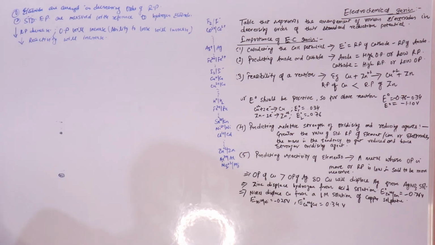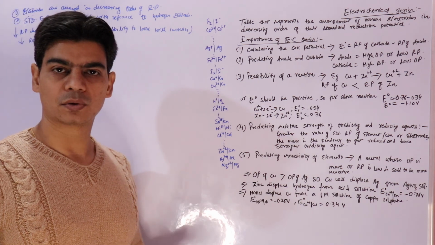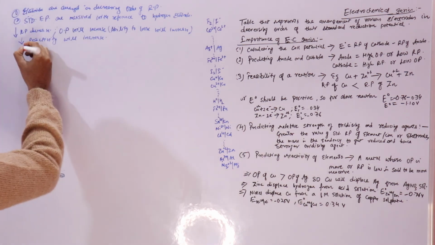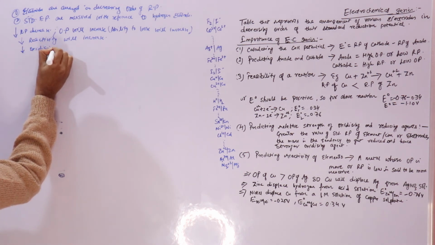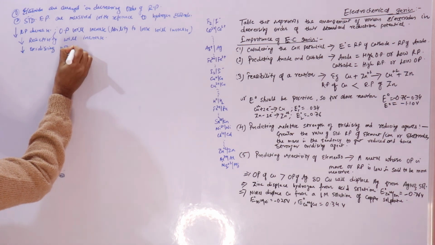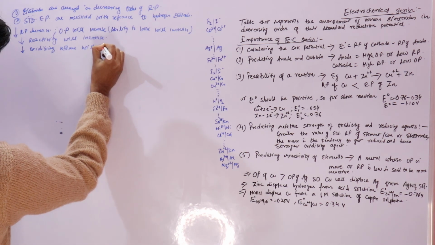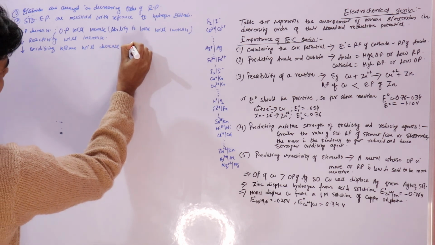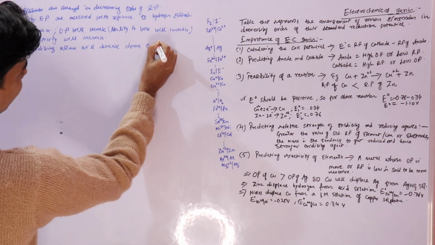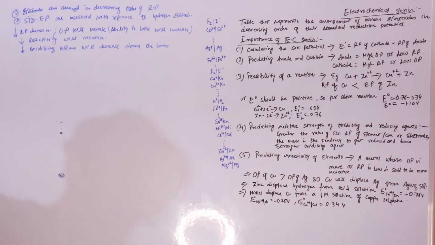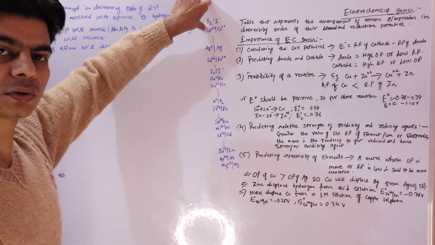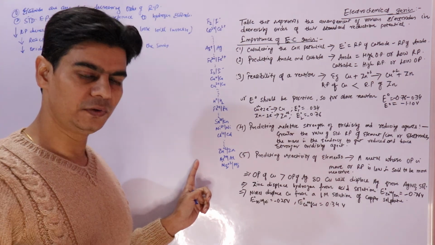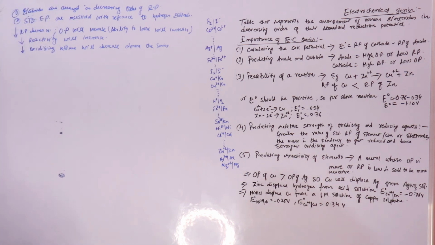Like reduction potential decreases, that means the ability to accept electrons is decreasing, so oxidizing nature will decrease down the series. So the electrode or metal at the top is the strongest oxidizing agent, and the one at the bottom is the weakest oxidizing agent.